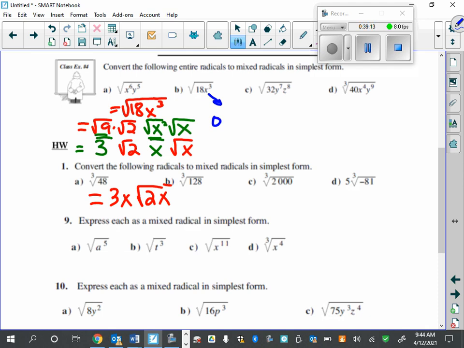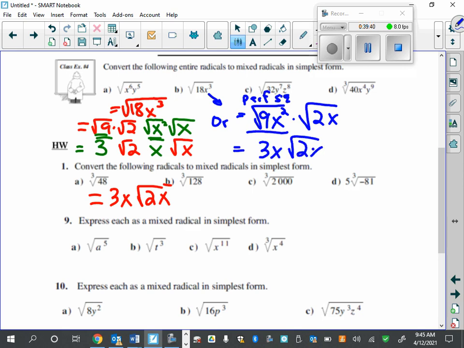The other way you can do it is take the perfect squares in front, and then the leftovers on the other one. So 18 is 9 times 2, and x cubed is x squared times x. And then you square root this into 3x, and write down the radical part in the second part.